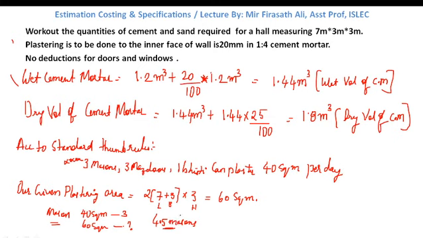Similarly, we require 4.5 mazdoors. And here 1 bhisti is enough for us, because one person as water fetcher is enough.